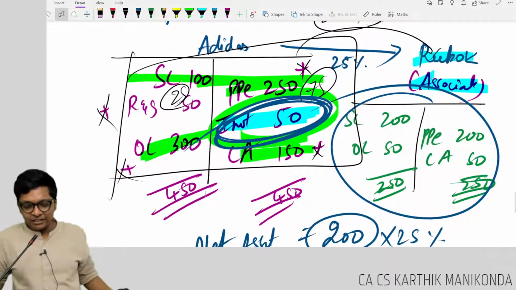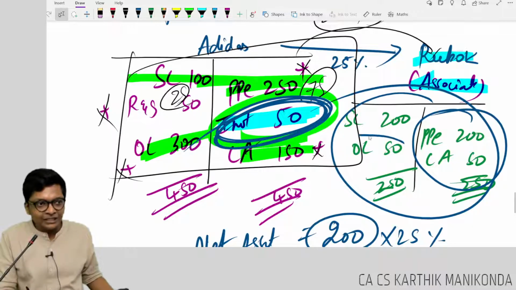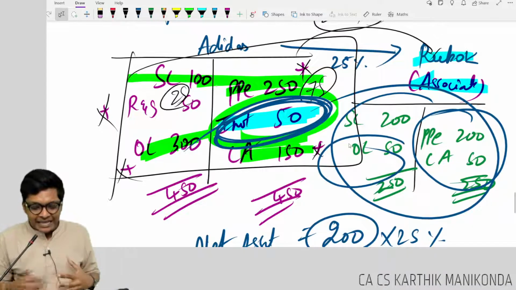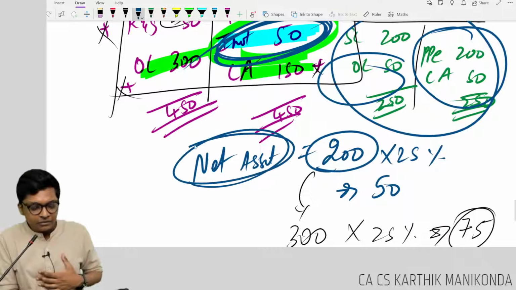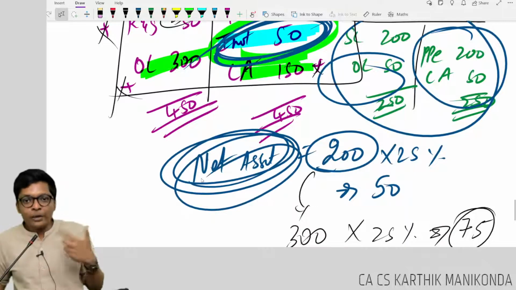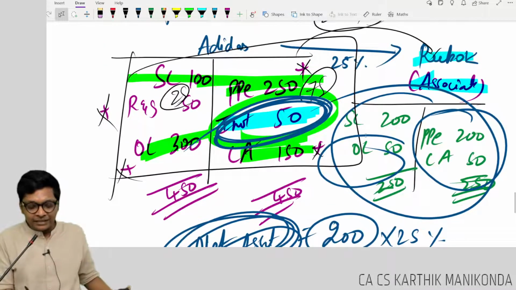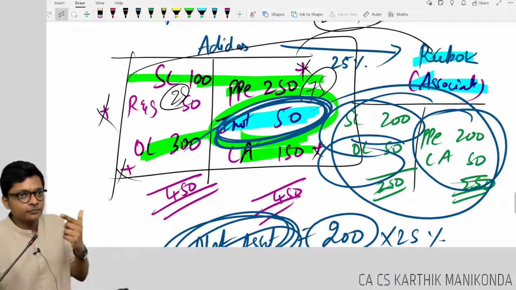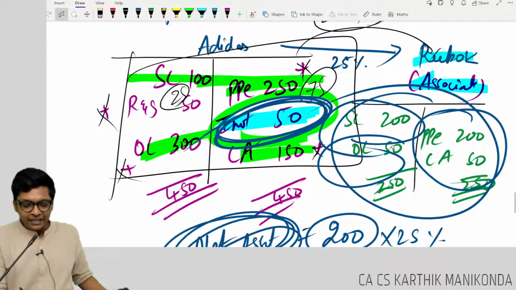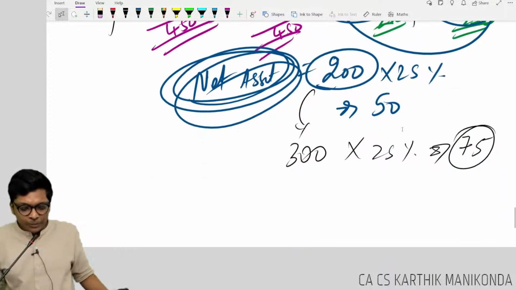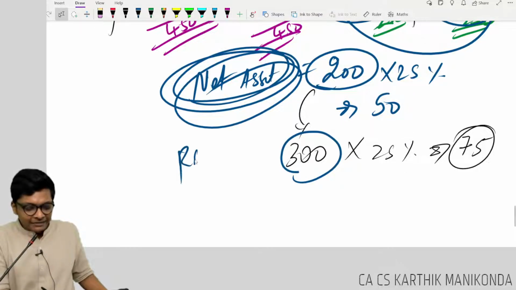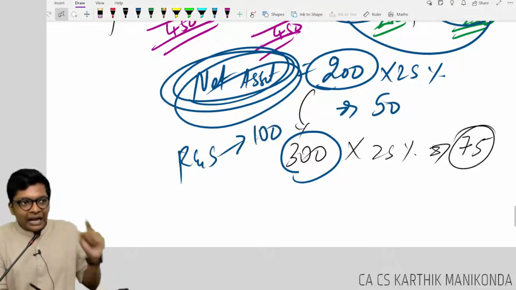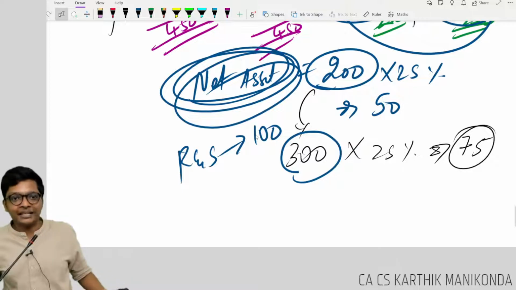unlike consolidation where you took all assets and all liabilities and added, here I am focused only on net assets. How to compute net assets? Other way, share capital plus reserves. In other way, if this 200 now became 300, my reserves and surplus increased by 100 for the associate, correct?